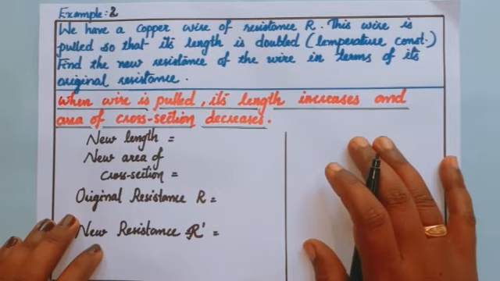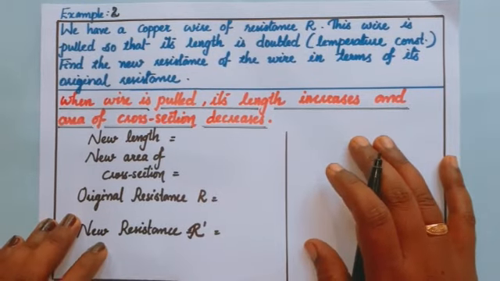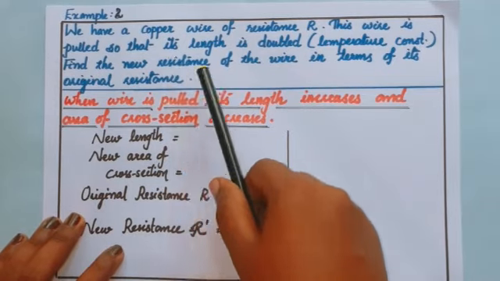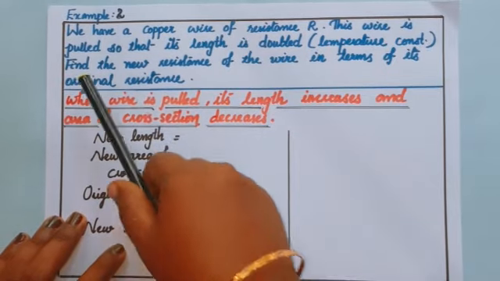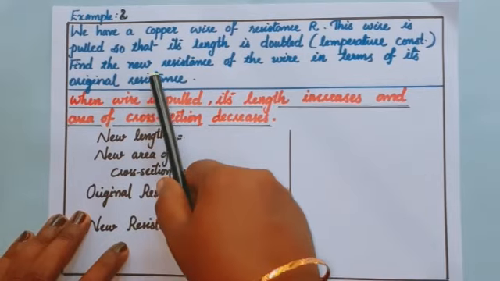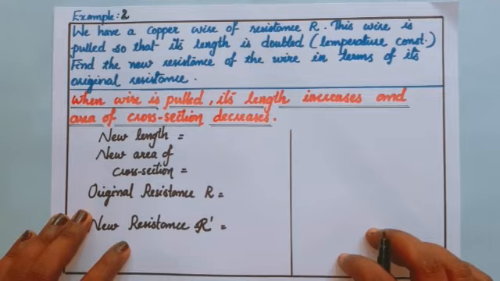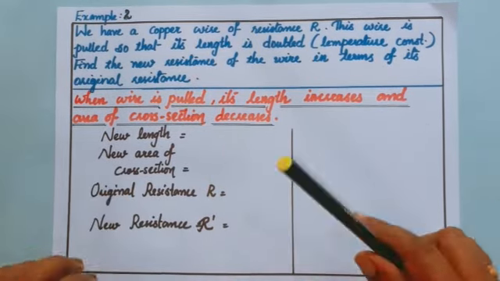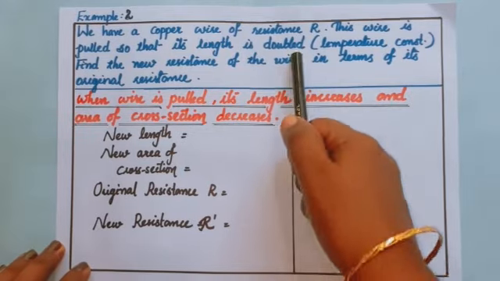Example 2. We have a copper wire of resistance R. This wire is pulled so that its length is doubled. Find the new resistance of the wire in terms of its original resistance. When the wire is pulled, that means stretched, its length is doubled.